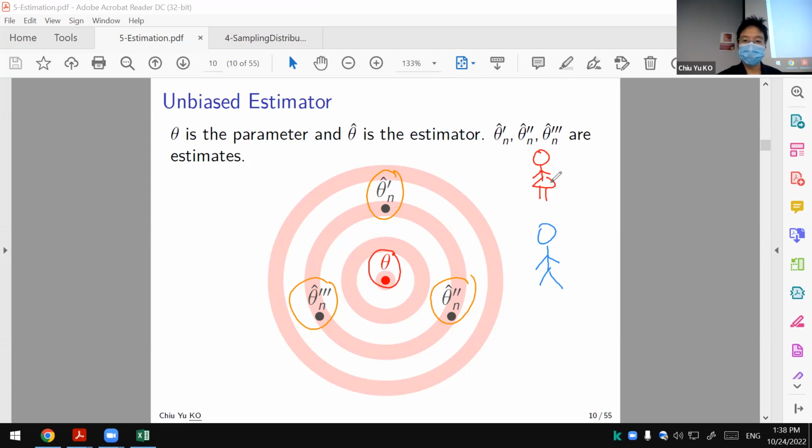Instead, he dates another girl and he also dates the other girl. He dates this girl and he dates this girl. But on average, he actually did date the middle girl, right? Although he didn't actually do it, on average, he did it. So that is the idea.